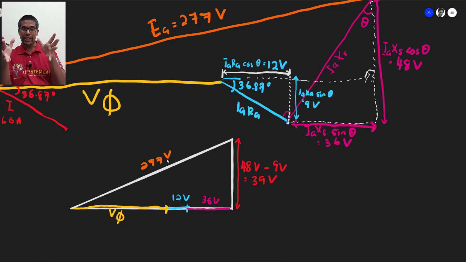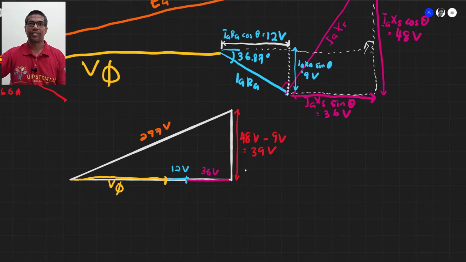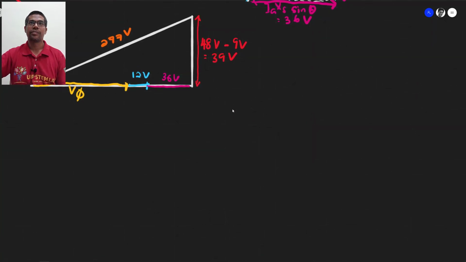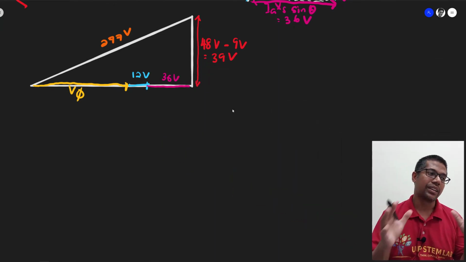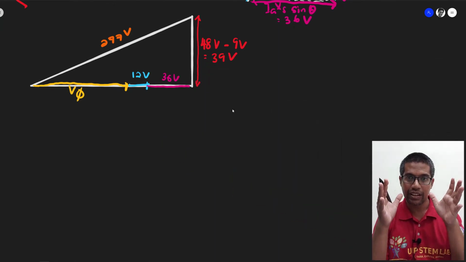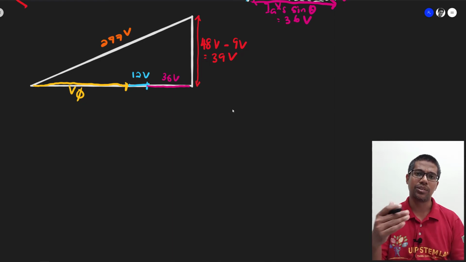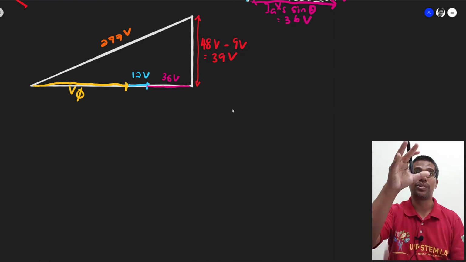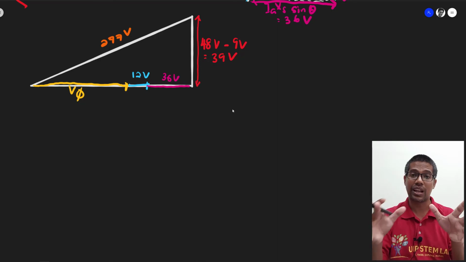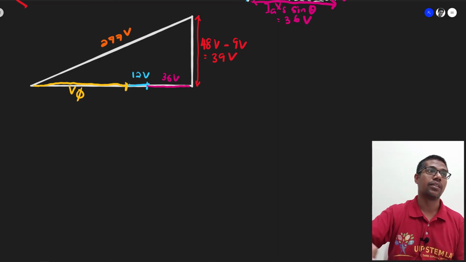Now when we have this information, can you get V phase? Of course you can. You can refer to my video to get the right equation, but I will go through this step by step so that you know how easy this looks in terms of numbers.